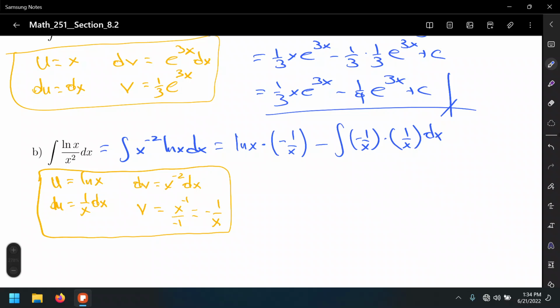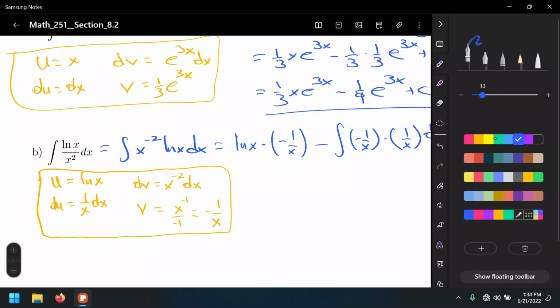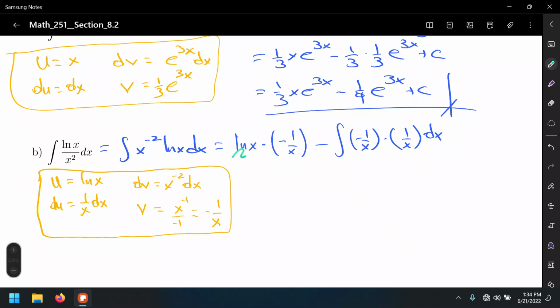All right, here I think I should use a little bit of notation just so you can see what part is which. So this is the u, this is the v, minus the integral of v du.